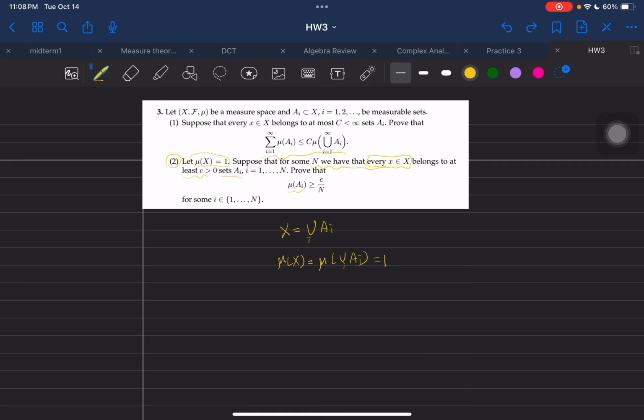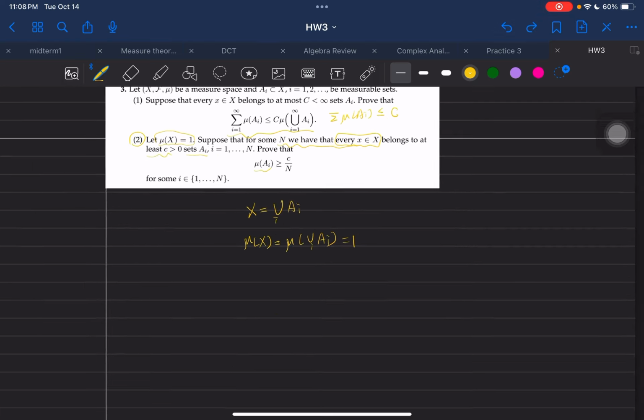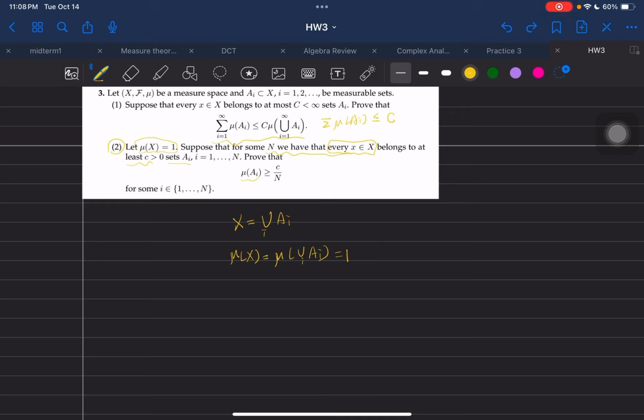If we have the assumption in part 1, then this would be the summation of the mu(A_i), no bigger than c, right? As this part would be 1. So now we kind of reverse it. So maybe not reverse, but do something really similar.